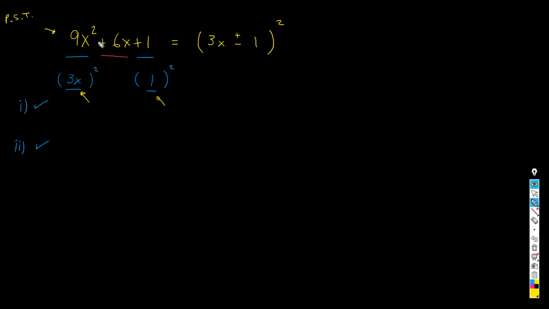Look at this sign in the trinomial. If it's plus, you're going to choose plus. So there it is. This trinomial is a perfect square trinomial, and its factorization is equal to 3x plus 1 to the square, which is equal, as you know, to 3x plus 1 times 3x plus 1. Okay, and that's it. That's the purpose of this workbook, to go from the non-factorized form to the factorized form.